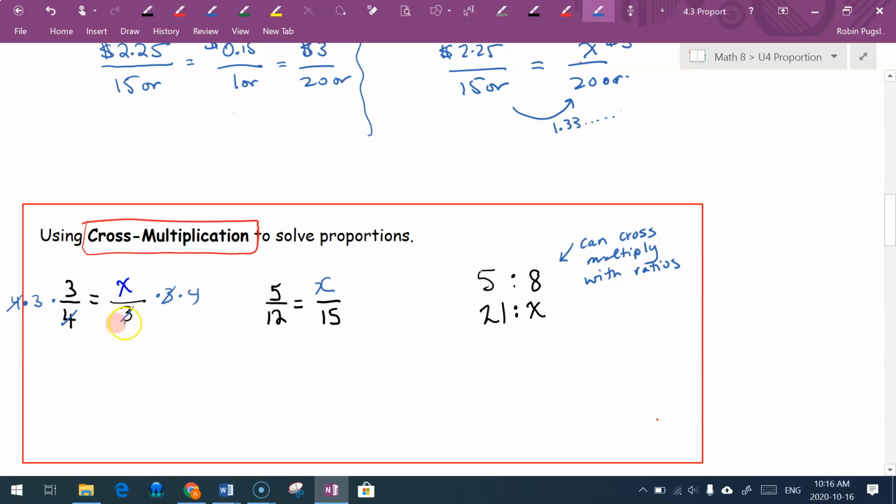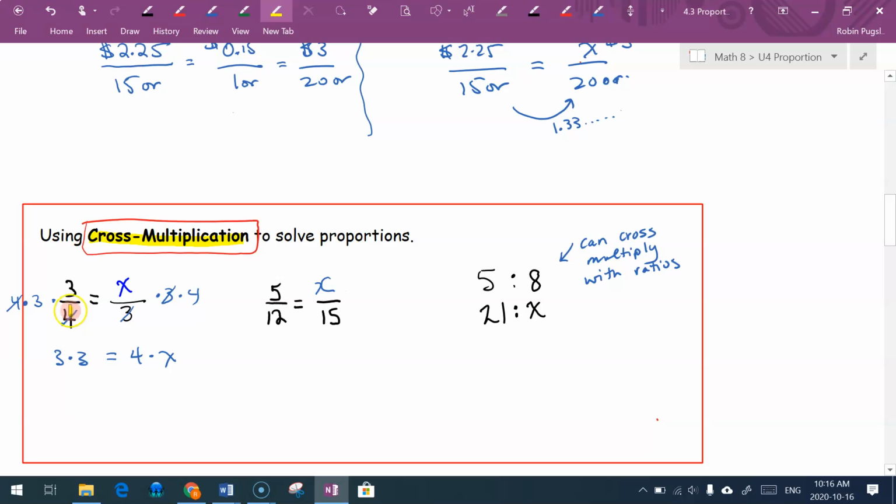So you can divide by what's in there, in the bottom, or multiply by what's in the bottom, and you can cancel them out. So really, I have 3 times 3 equals 4 times x. That's what I'm left with. And so what we've just showed you here is what's called cross multiplication. Where did the 4 times the x come from?